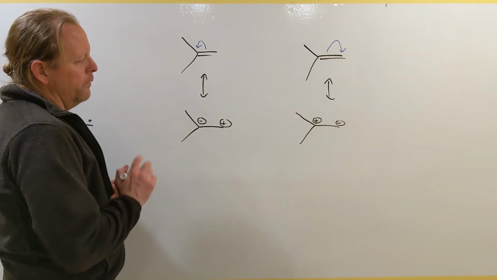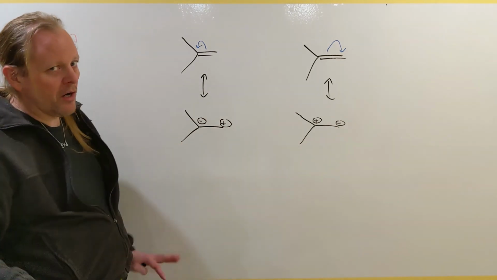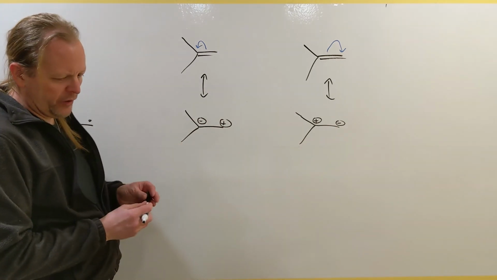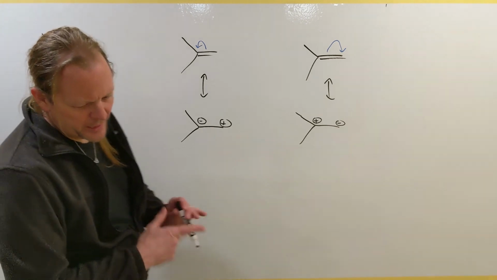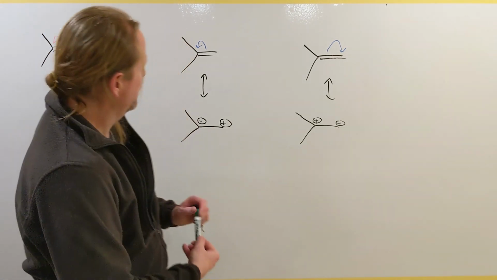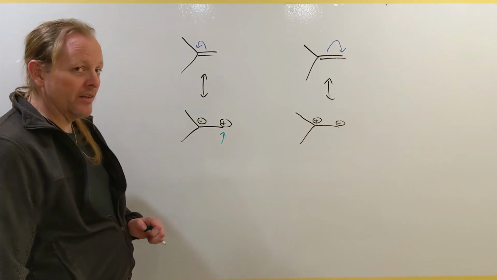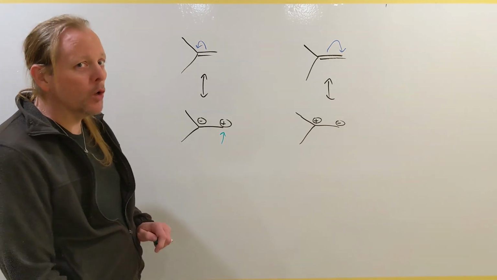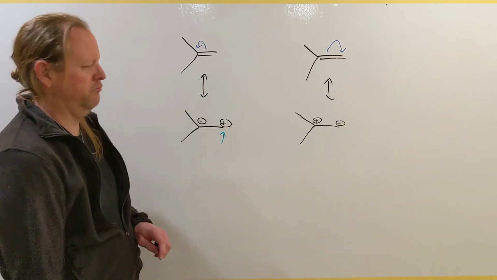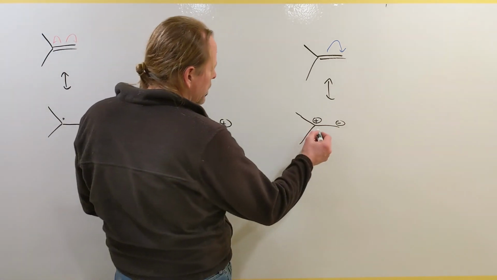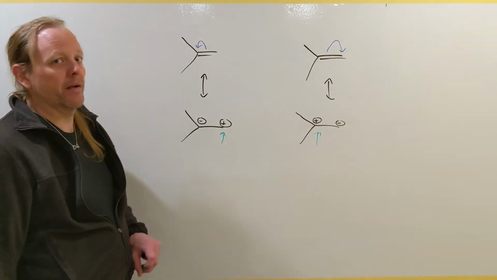Now, this should look familiar to you. We haven't talked about anions at all. So just pay attention to where the cation is in both cases. Here, it's on a primary carbon. If that sounds good to you, you probably don't want your score back from exam 2. Or here, it's on a tertiary carbon.